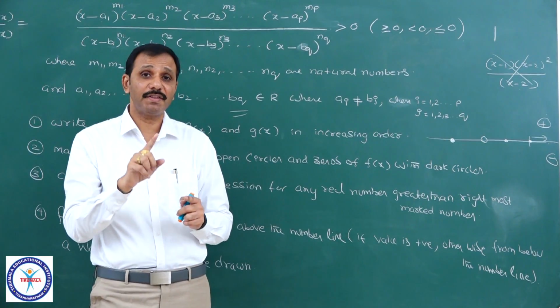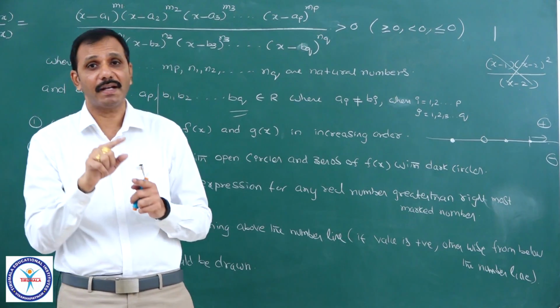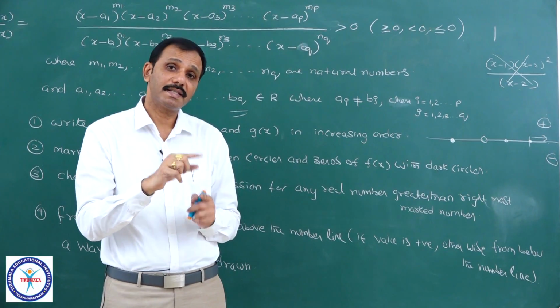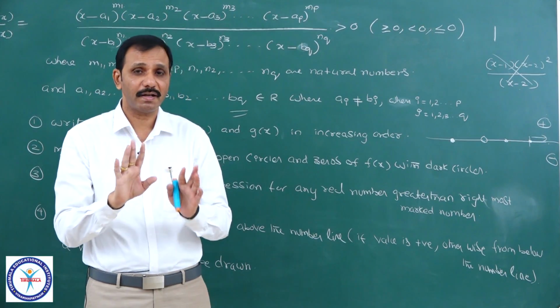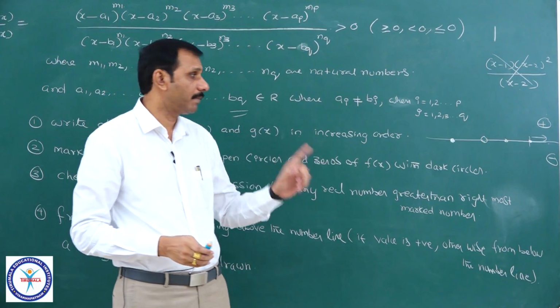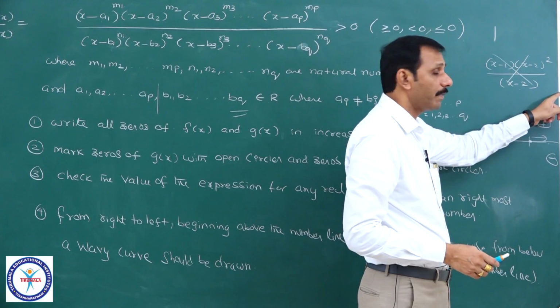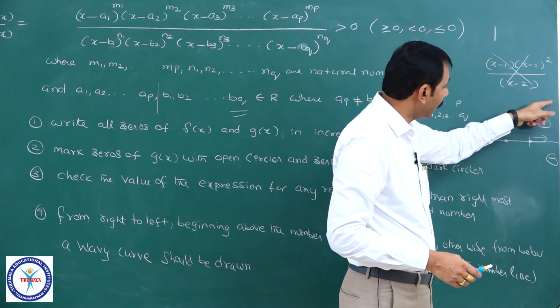And if it is a double point, if the power of that linear expression is even, then both sides of that point will have the same sign. Either both are positive or both are negative. Observe the simple points and the double points and draw the wavy curve. If it is positive, start from above the real line.